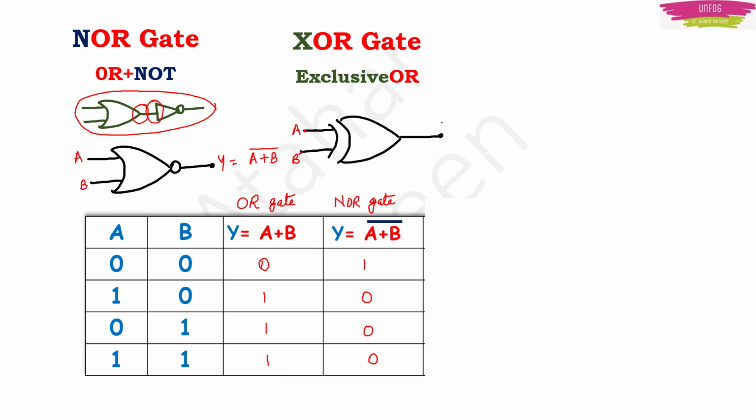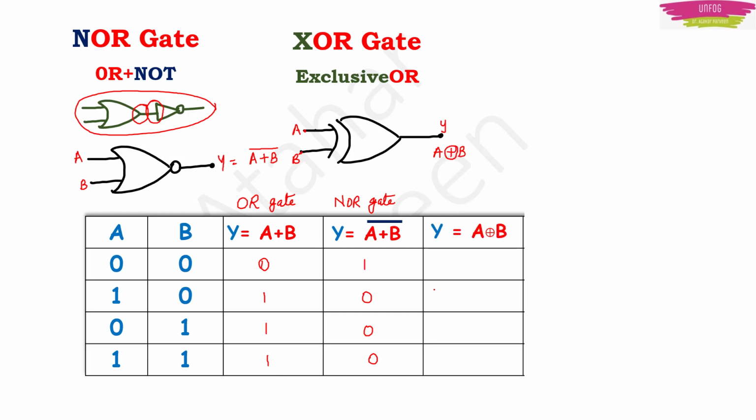Your Y will be there, the output. The Boolean expression for this is written as A, a circle over a plus, and B. If you write it in the truth table, what you have to do is take the complement for 1, 1, only 1, 1. And rest all will be the same. This will be your XOR gate.